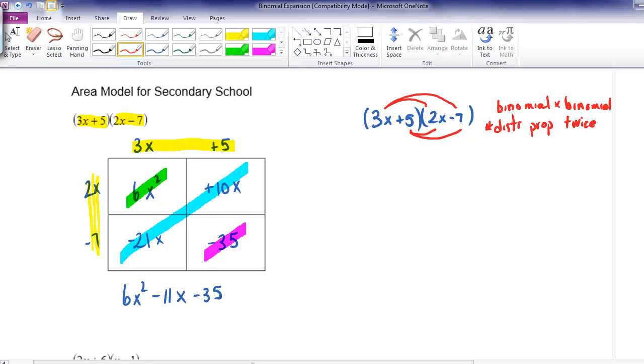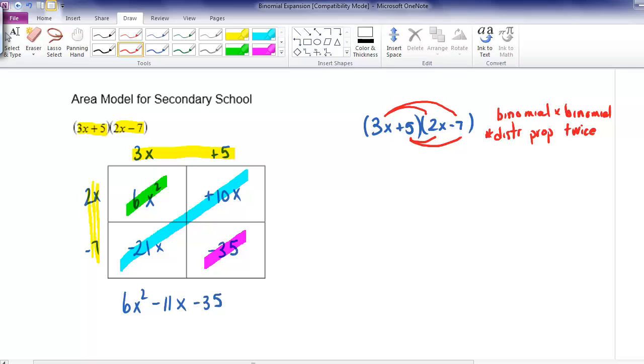Now there's a really nice word that I learned when I went to school way back when that is a nice way of remembering what to multiply. This word FOIL is a little mnemonic that really just organizes your multiplication for you. That's all it does.